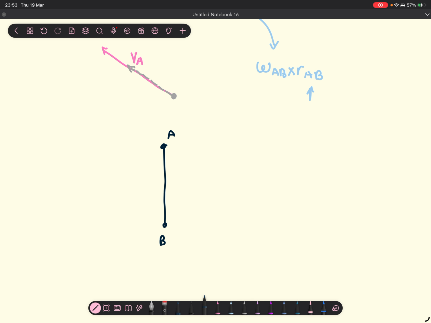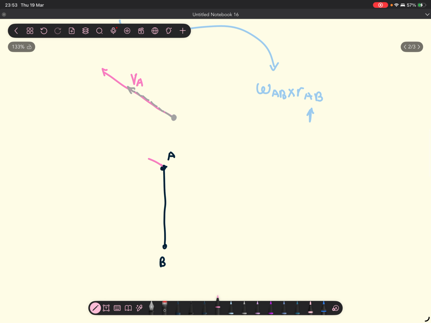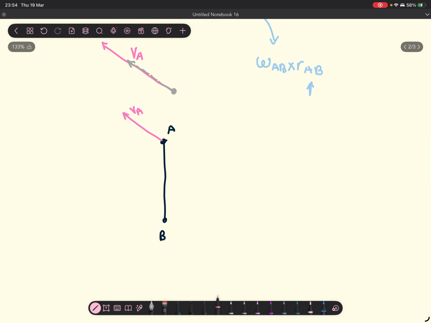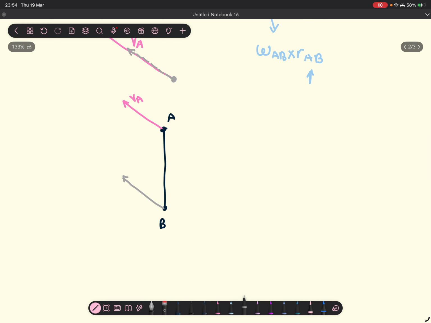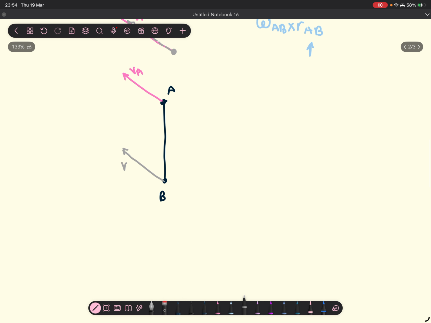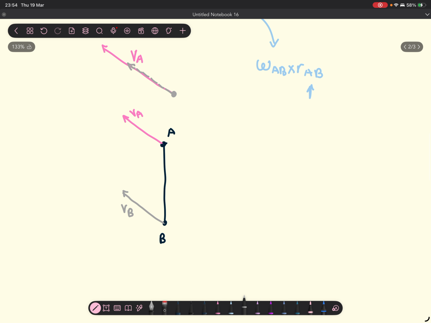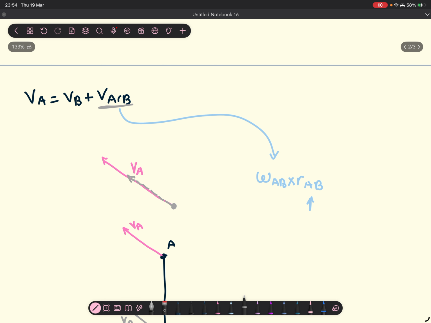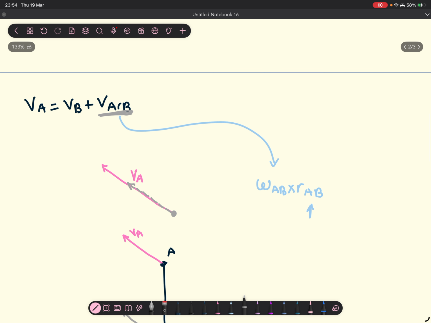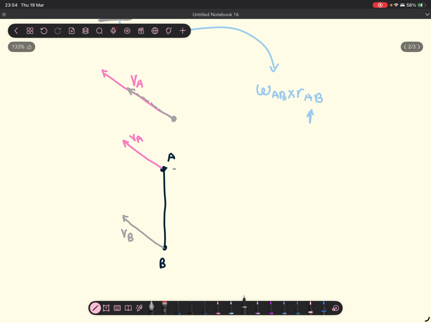point B. We know that VA is going to act this way, okay? We've also discovered that VB is also going to act this way, okay? Now, we said that the relative velocity term has to act perpendicular to this AB.